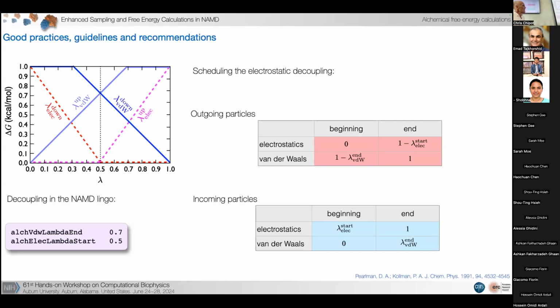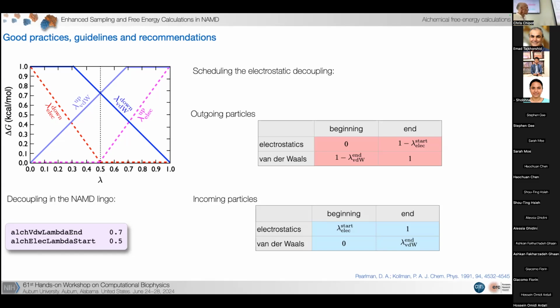If I just take the van der Waals and the electrostatics disappearing, you can see that my electrostatic disappears much faster than my van der Waals. Again, because I don't want to have any charge naked. And for the electrostatic, I want to make my van der Waals appear before my electrostatic, and it's also reflected here. And so you can have this scheduling for outgoing particles and incoming particles.